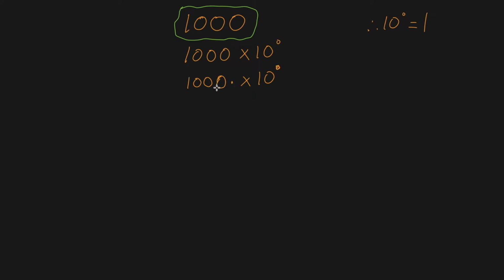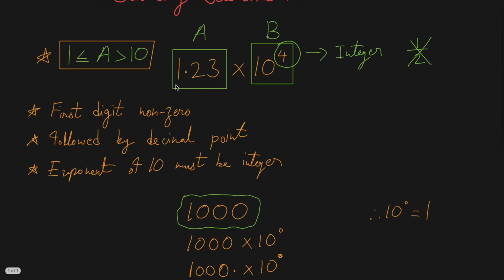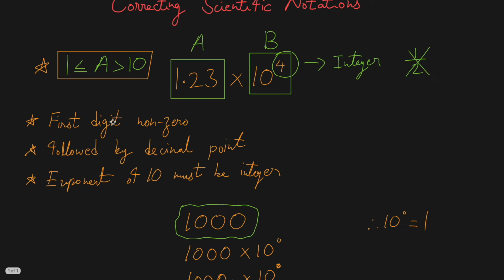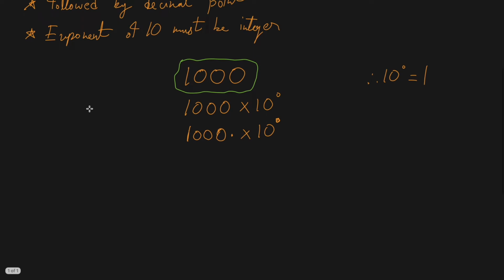I'm going to make it into scientific notation step by step, so hopefully you can pick up the pattern. What was the rule? I'll just follow the first one here. The first two rules and the last two are purely mathematical, so you can also follow these for your own convenience.